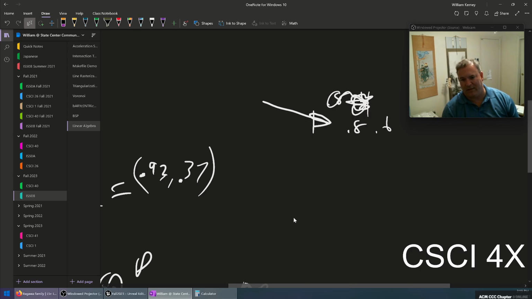So 0.8 to the right, 0.6 down. Okay. 64 plus 36 is 100. So the monster is looking kind of like southeast.